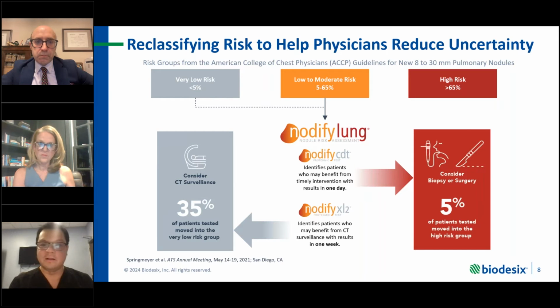But remember, at that point, we did not have Nodify Lung. So when the blood test came out, it was interesting because now we have calculators and we have imaging. What the blood test does is it can differentiate between demographically and radiographically identical patients. So say, for example, you have 10 patients, all with a 10 millimeter upper lobe spiculated nodule, all of whom smoke, with the same family history, hypothetically.